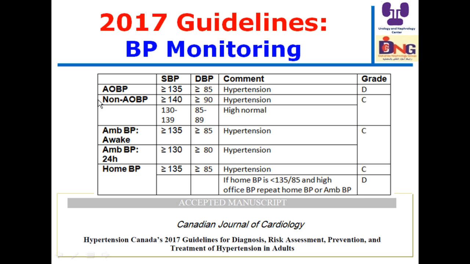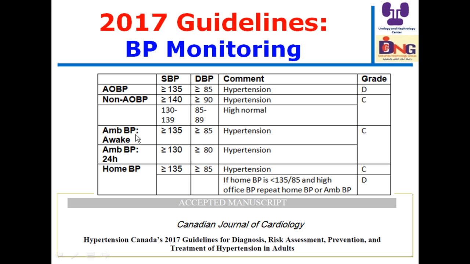If we depend on the traditional method, non-automated office blood pressure, here 140 and 90 is the cutoff point for systolic and diastolic. At or above them, this is a stage of hypertension. If the blood pressure, depending on non-automated office measurement, is between 130 and 139 systolic, or 85 and 89 diastolic, it is high normal blood pressure.